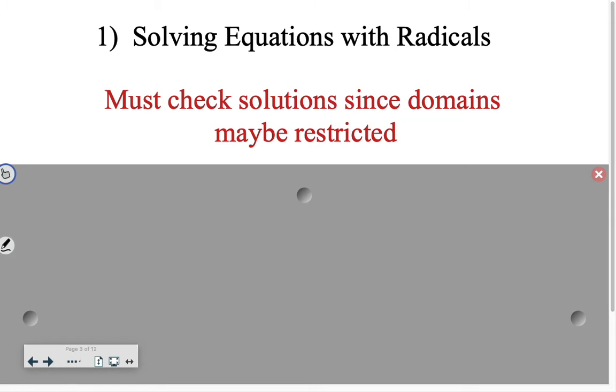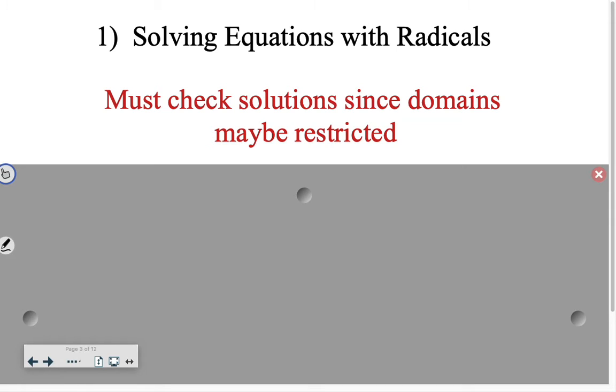Meaning there's values of x that you're not allowed to have. For example, we can't take the square root of a negative. You get imaginary numbers. You can't take the fourth root of a negative. So you have to keep in mind, you're going to have to go back and double check for extraneous solutions on this one. And we'll talk about that when we get into the examples.